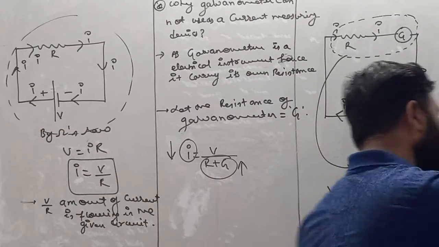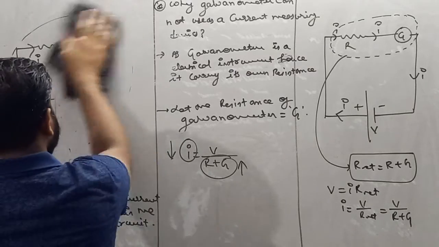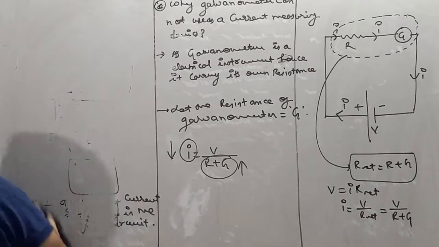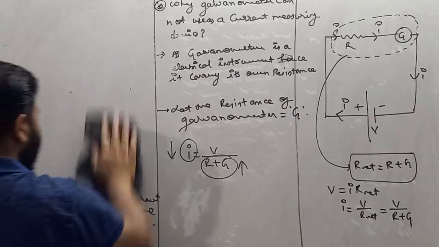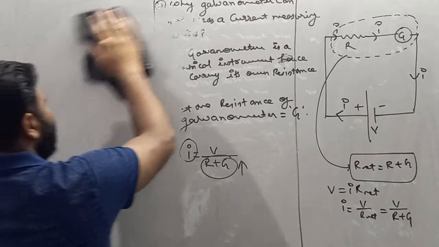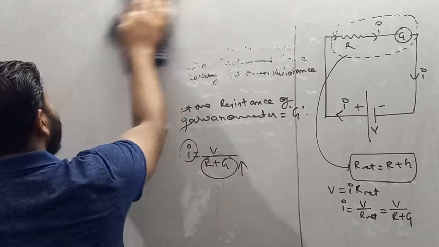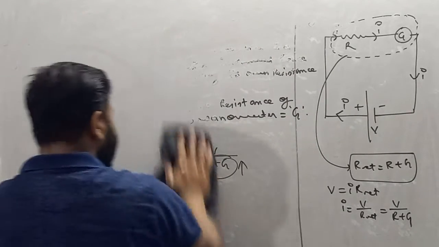So I hope you all understand, my dear student, the chapter of galvanometer. See, the galvanometer is only used as a current detecting device. Why is it used only as a current detecting device? Because the galvanometer carries its very own high resistance.